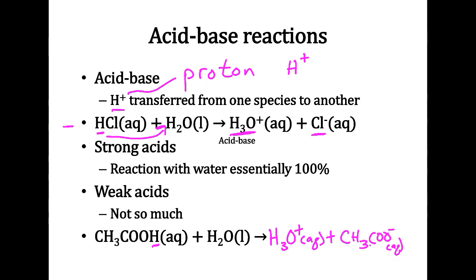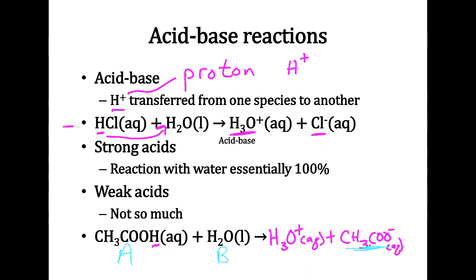Some of the terminology that we'll use: this is called our acid. Water in this case is behaving as our base. And then as we look at the products, acetic acid was our acid, but now that it's lost its proton, we have what's called the acetate ion.